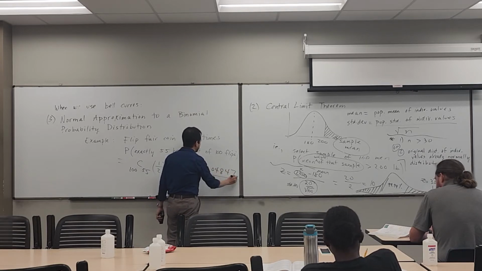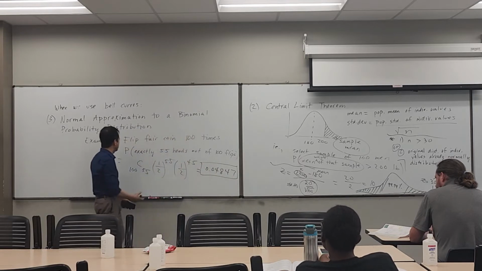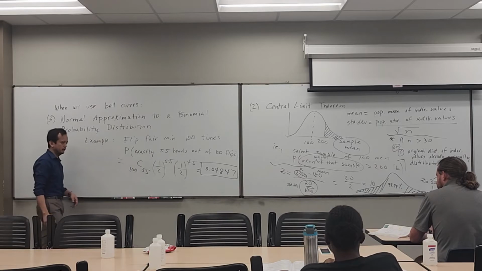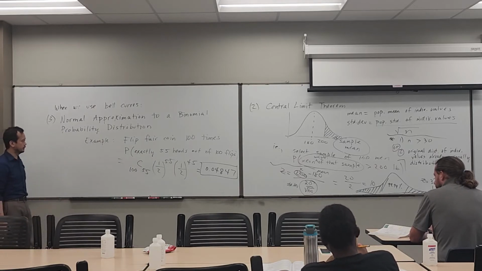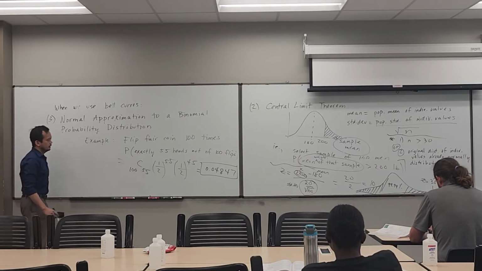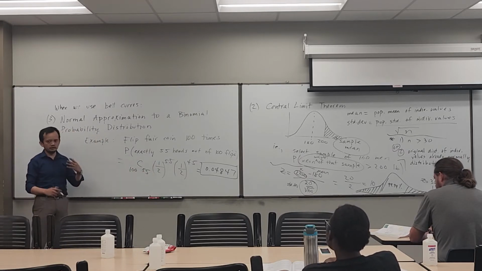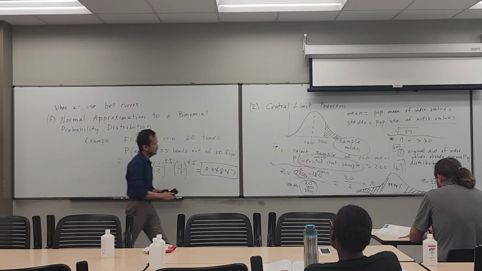Great. So this represents the exact answer to this question of the probability of getting 55 heads out of 100 flips. And the remaining flips are 45 tails. So this is the exact answer. But let's try to see if we can approach it another way.